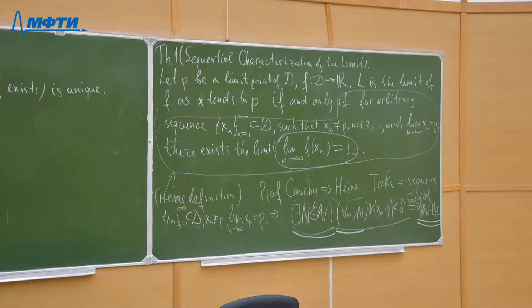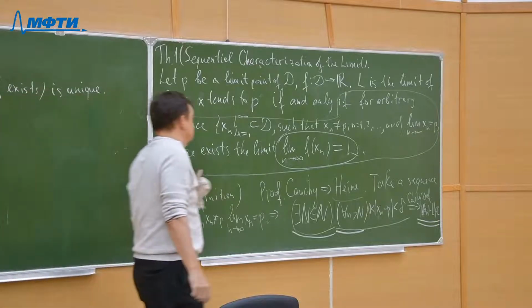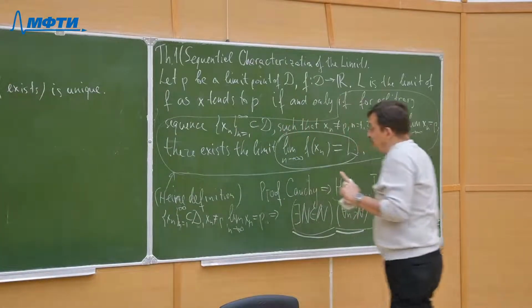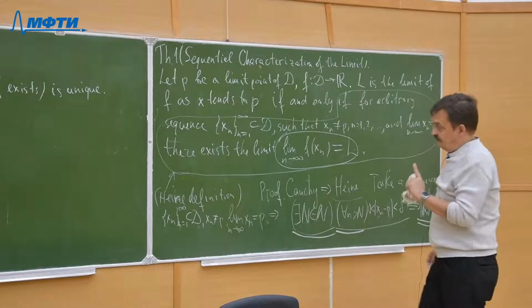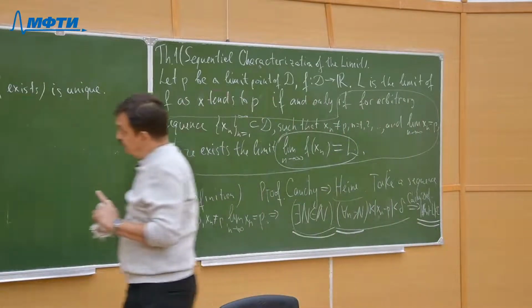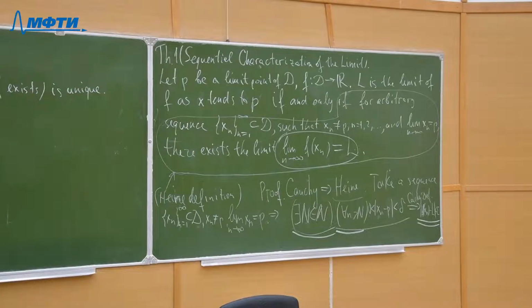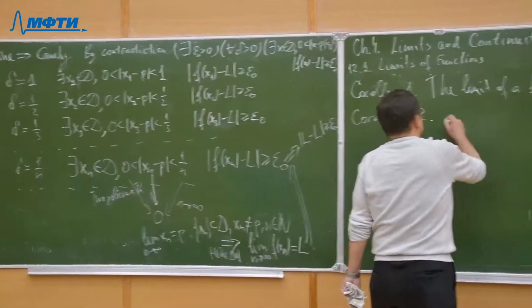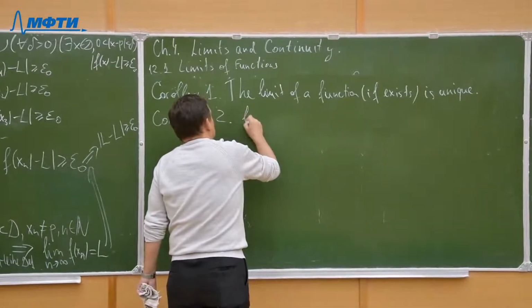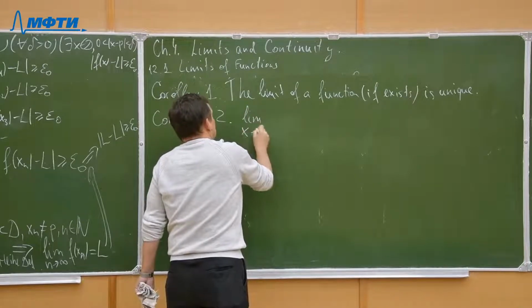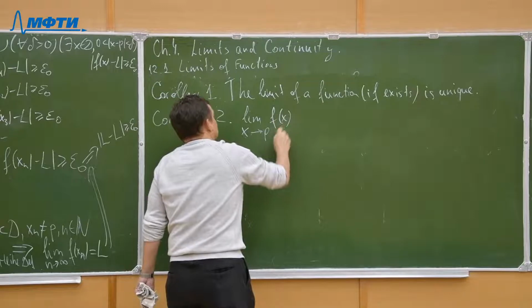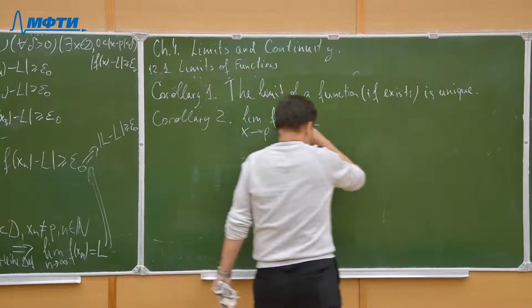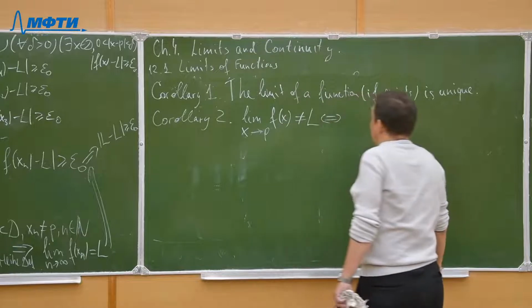Corollary 2 allows us to use the negation of the Heine definition to prove the absence of a limit. So, the limit as x tends to p of f of x is not equal to L is equivalent to what?